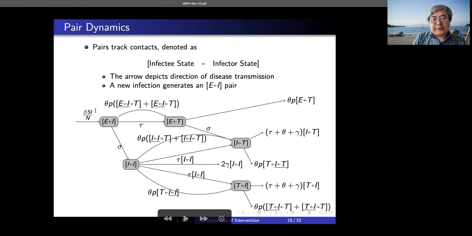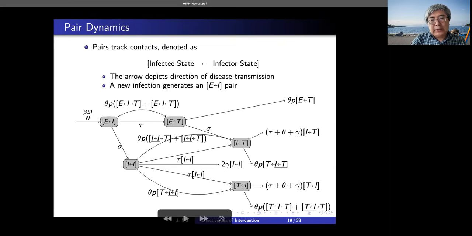So infection, the I contacting S, would cause the S to enter the latent class E. So then we form an EI pair. The I is the infector, E is the infectee, and then each individual can just progress in disease independently.